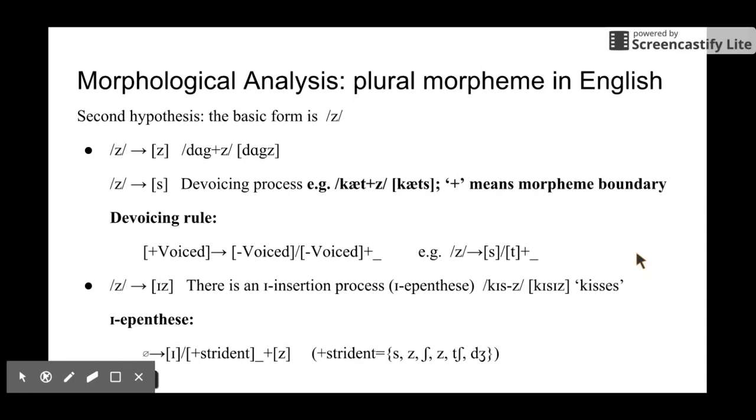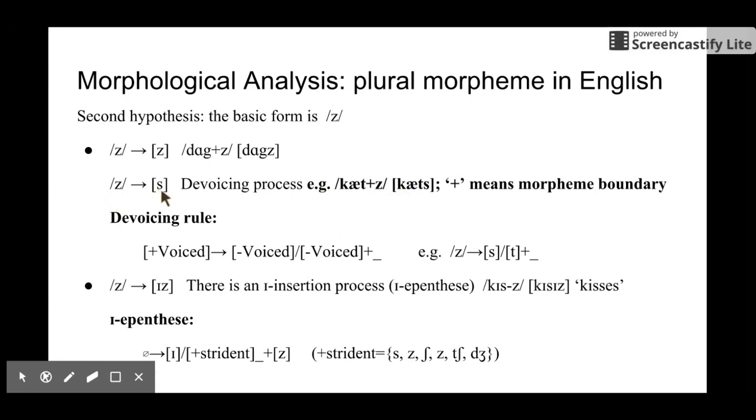Okay, now we can try another hypothesis as well, assuming that the basic form is z instead of s. We can do the analysis with this assumption as well. So for example, for dogs, we have this and it becomes dogs. There's no alternation at all. Z becomes Z. And then we have to account for this alternation, cats. Then we have Z becomes S, right?